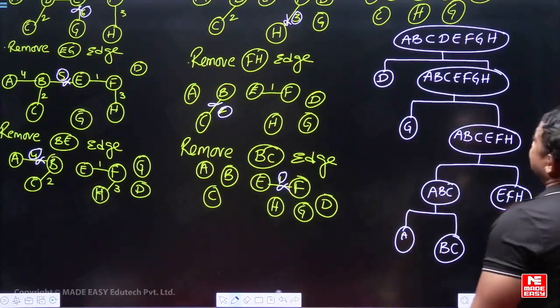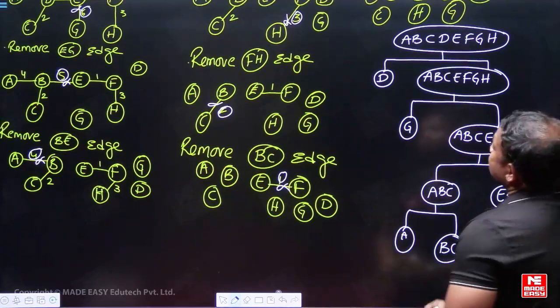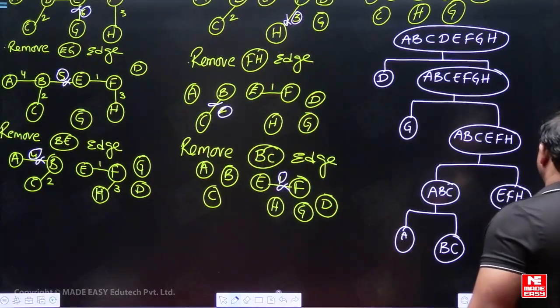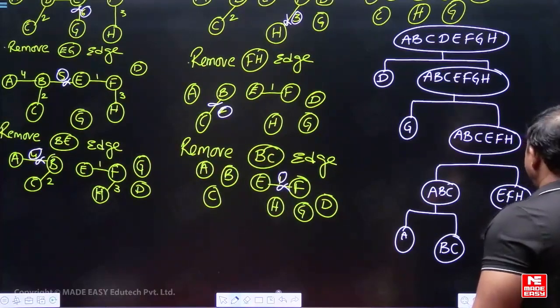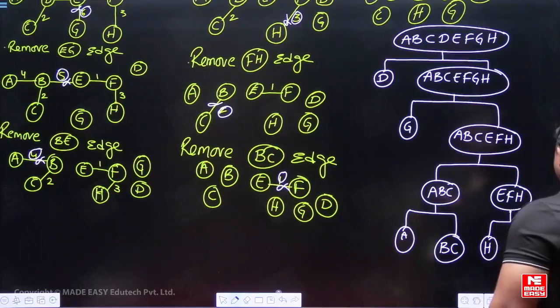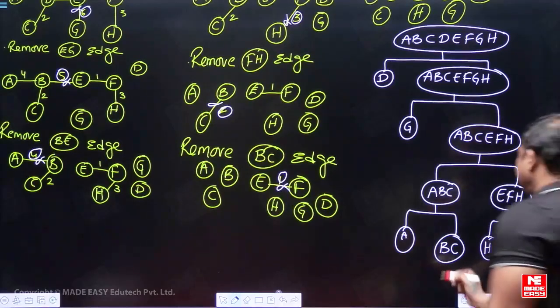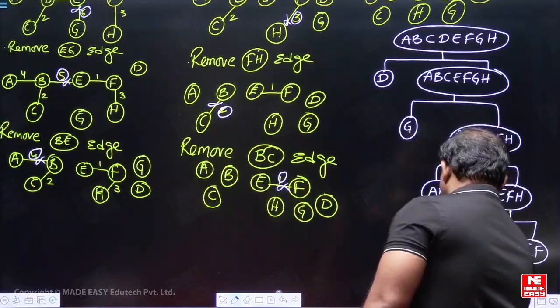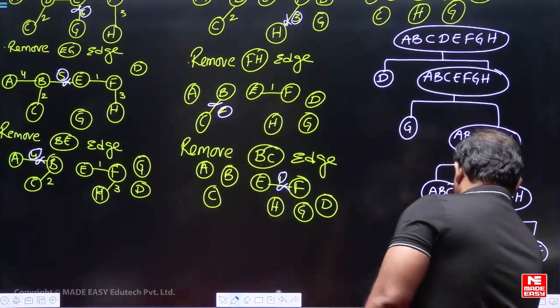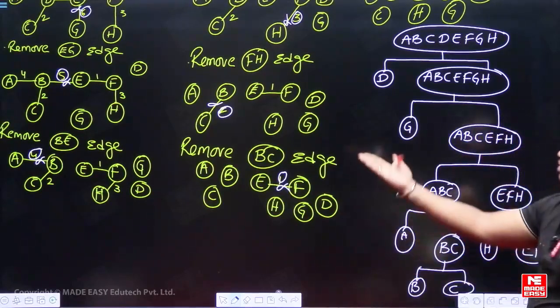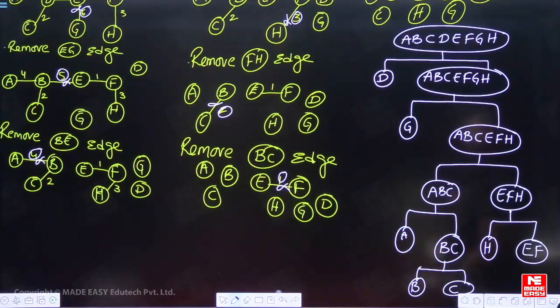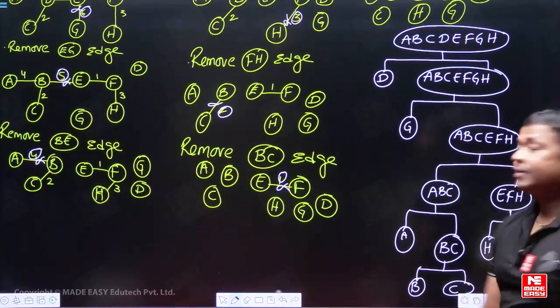And next here dividing, H is separated, then E, F present. Okay. Next here BC, based on what? Based on the weight or cost or distance, you know that. And next one E and F, dividing like this. Okay. All right.